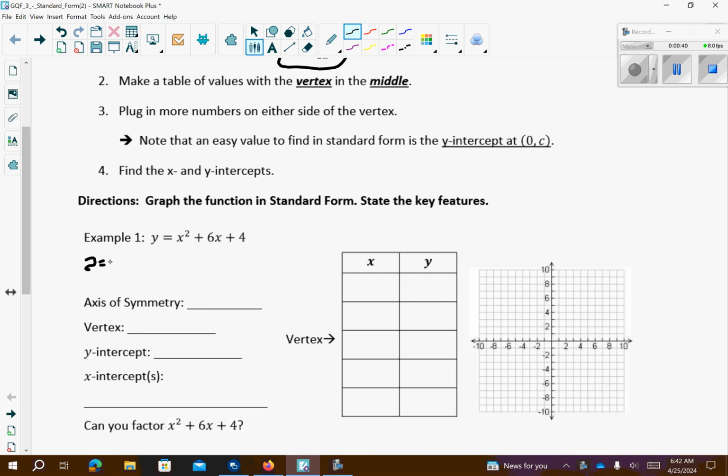So I have a equals 1, because there's a 1 there. B equals 6. C equals 4. And we know that x equals negative b over 2a. So that's negative 6 over 2 times 1, which gives us negative 3.